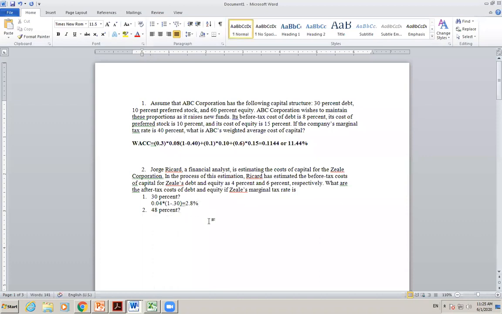And we do the same thing for 48%: 0.04 times 1 minus 0.48. This would give you 2.08%. So this is how the tax affects the cost of debt, okay? So we can come to the conclusion that the higher the tax, the lower the cost of debt.